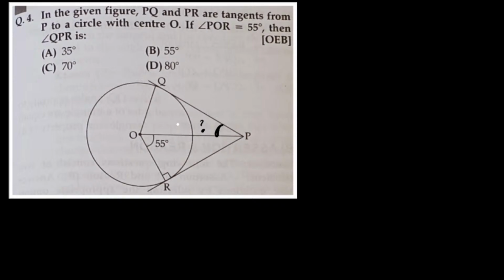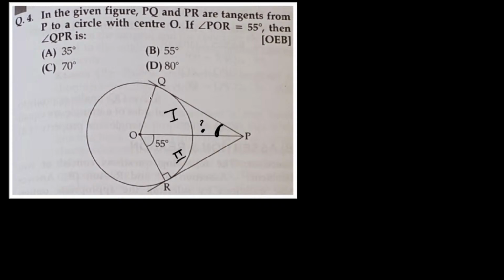So you remember here we are getting two triangles. This angle and this angle are complementary. I'll just name these triangle 1 and 2. These two triangles are congruent triangles.